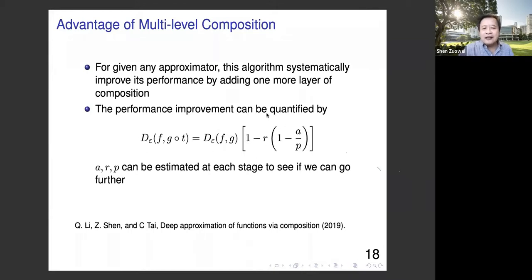What I can get is this identity, which involves the ratio R, A, and P. I have the exact definition for this ratio, but you can also estimate it at each iteration. If this number is smaller than 1, you reduce the error and you continue. If this number is bigger than or equal to 1, you stop. You don't need to go further. That's the idea.